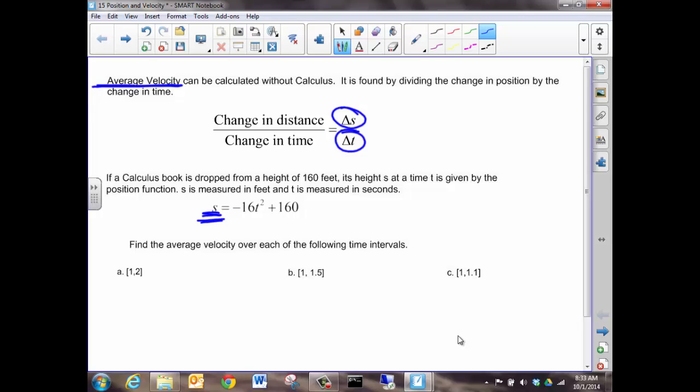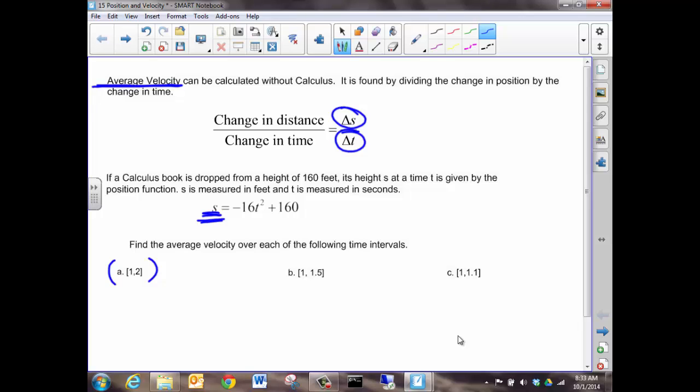So at t equals 0, how high is this object? 160 feet. At 1 second, it's whatever 160 minus 16 is, okay? So average velocity over the time interval 1 to 2. What would you do? It's how far you've gone.